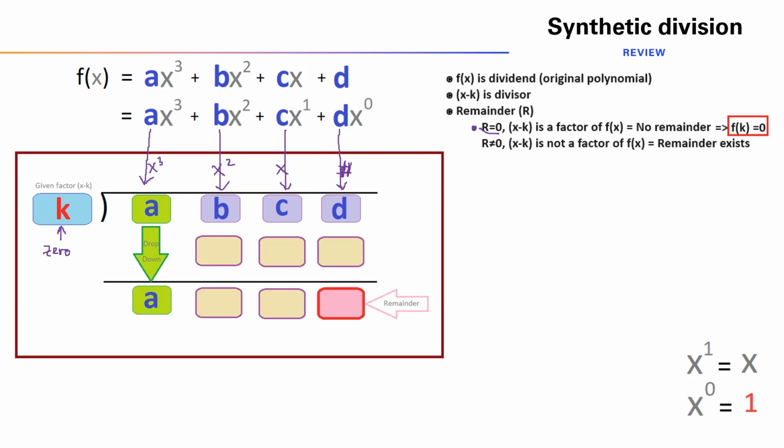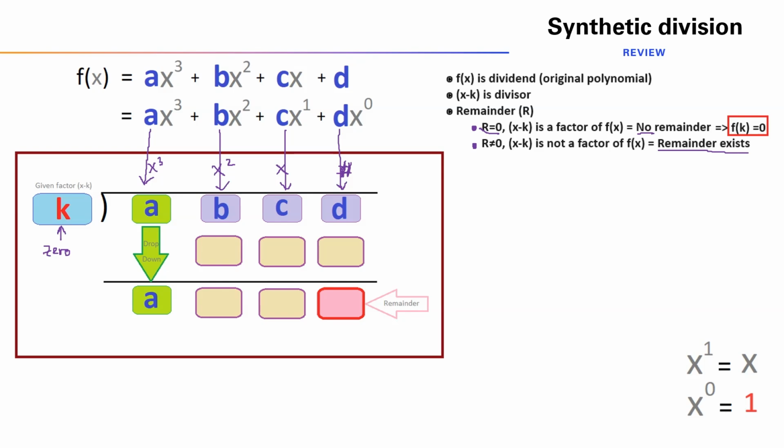So when the remainder is 0, we have that x minus k is a factor of f of x, and we say that there is no remainder, or when we plug k into f of x, we have f of k equals 0. If the remainder is different from 0, then x minus k is not a factor of f of x. So it means there is a remainder.